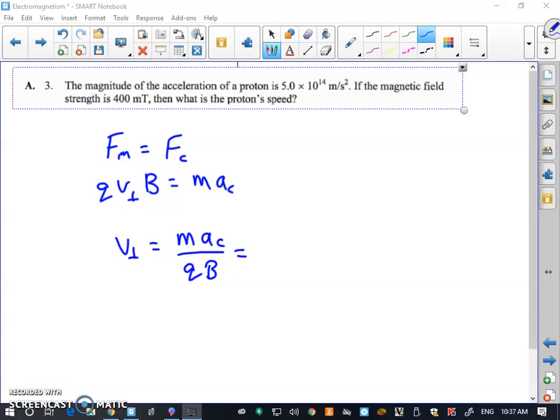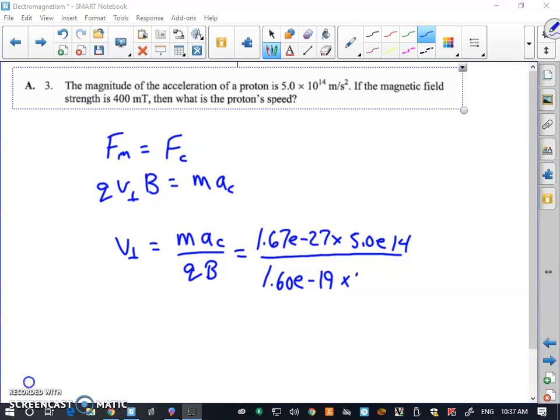Now the mass of a proton, 1.67 E negative 27. The centripetal acceleration, 5.0 E 14. Divide that by Q for a proton, 1.60 exponent negative 19. And the magnetic field is 400 milliteslas.